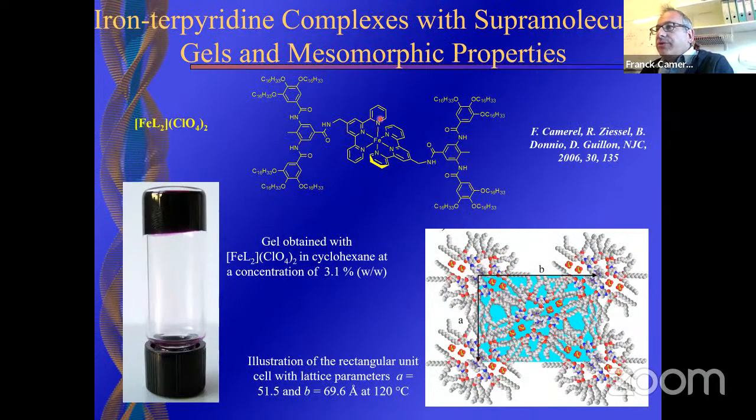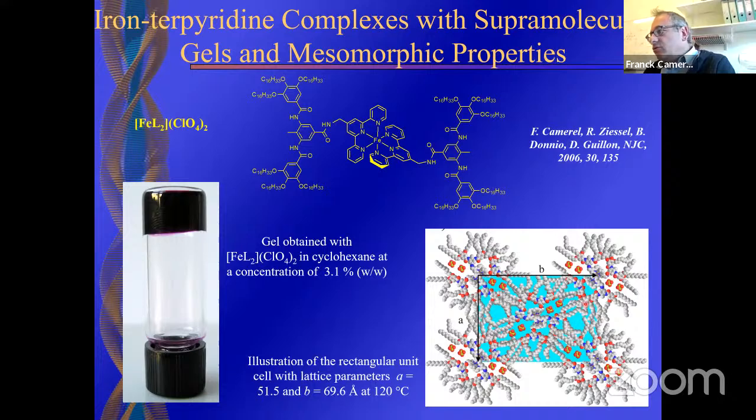Another example, so this time we take these terpyridine molecules and we make the complexes with iron. So you can see that now the gel is really colored. You don't have layers anymore, but this molecule is able to form gels, for example, here in cyclohexane.